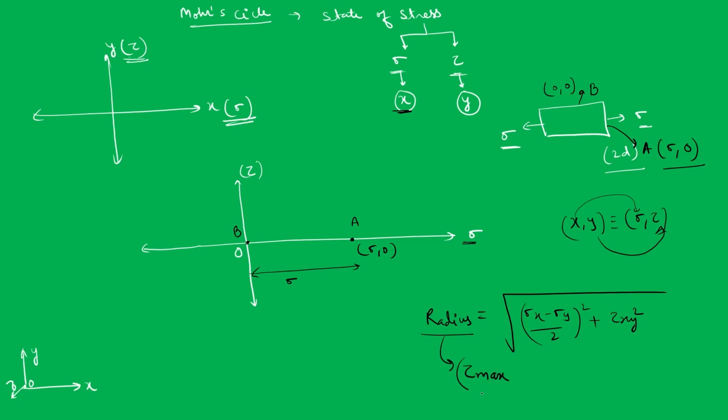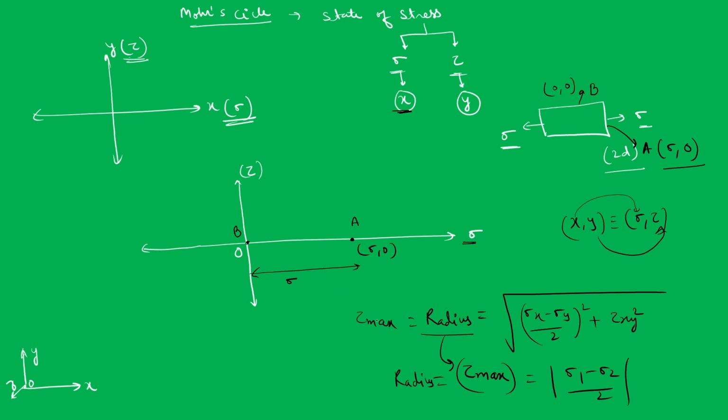There is also another formula for tau max, that is sigma 1 minus sigma 2 by 2, modulus of sigma 1 minus sigma 2 by 2. This entire thing represents the radius, or you can call it tau max. Don't get confused, it is the same thing.